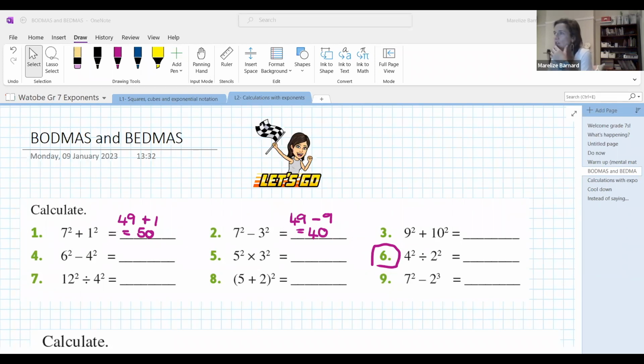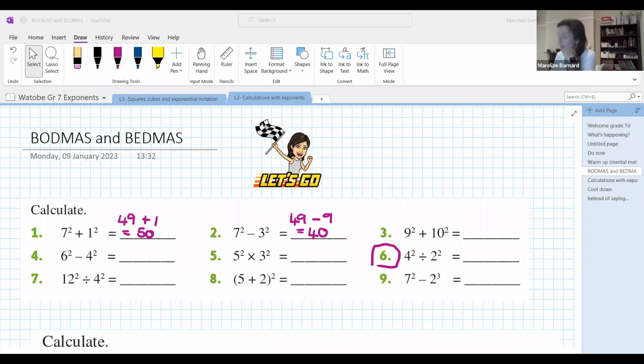I'm going to take one more question from Tsiamu Tabiso. What's your question? Ask your question, I'll answer it. Ma'am, I can understand what you did at question 1 and 2. Which part? Mostly question 2, because 7 squared minus 3 squared, isn't it supposed to be 7 times 2, then you get your answer, and then 3 times 2?